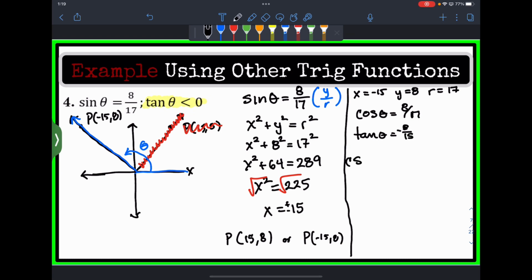The cosecant of theta is 17 over 8. The secant of theta is 17 over, I'm sorry, I messed up on cosine. Cosine should be negative 15 over 17.